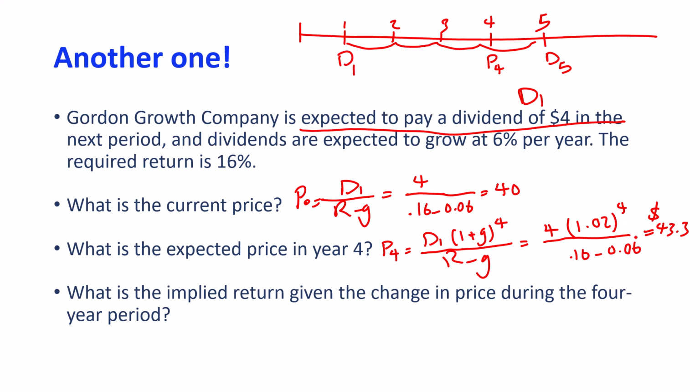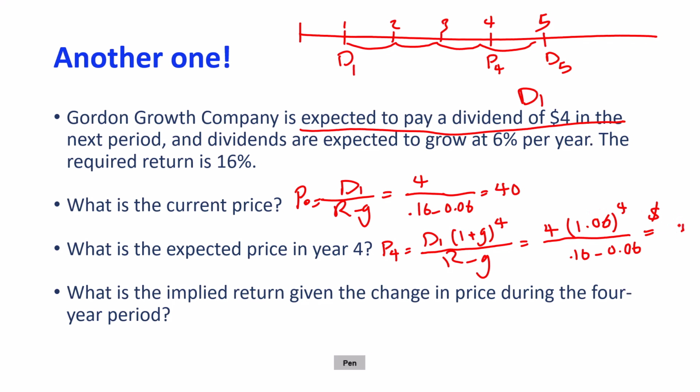You know what? I think I made a mistake here. I don't know why I used 2% for growth rate. This should be 6%. So let's do it again.